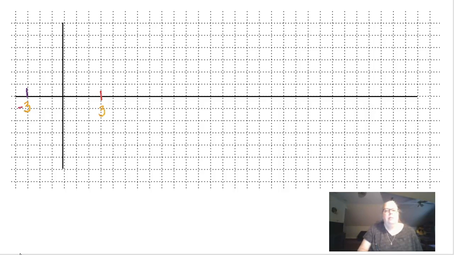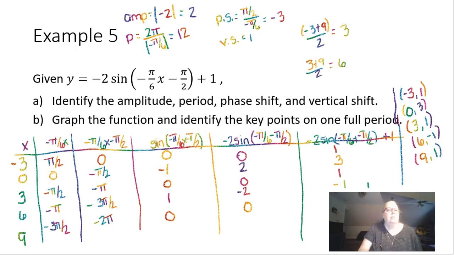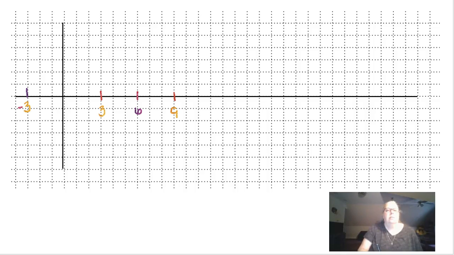Positive 3. Positive 6. Positive 9. And we're going to have to go with each box standing for 1 unit. Oops, skip 4.